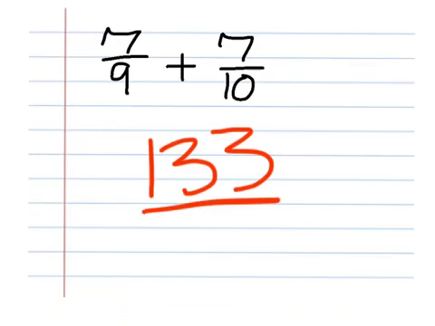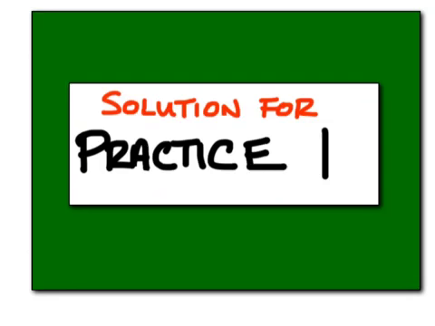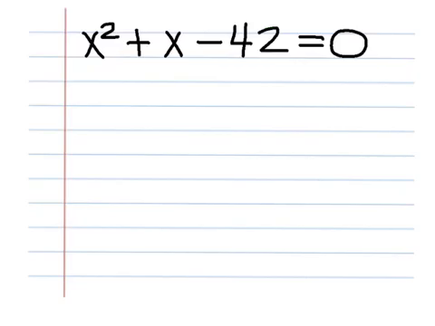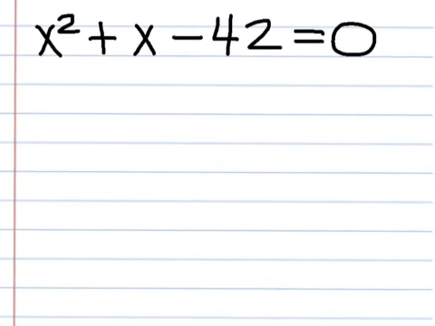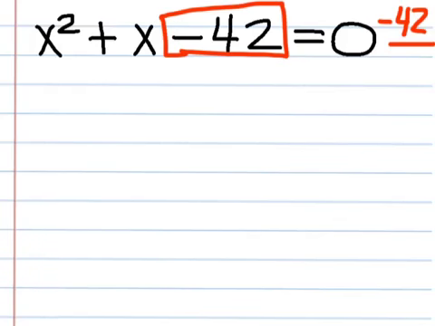Alright, answer for the bonus should be 133 over 90. Now for the practice problem. We have x squared plus x minus 42 equals 0. We need to find the factors of negative 42. The factors of negative 42 are what?